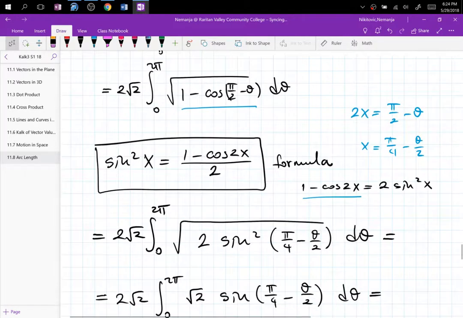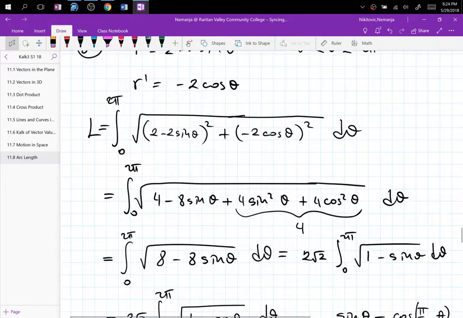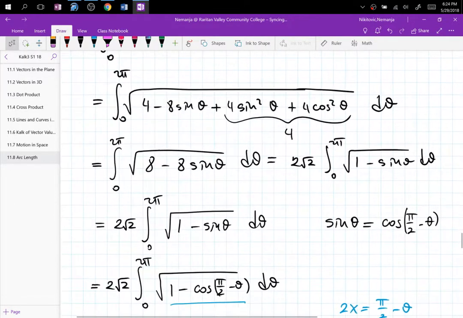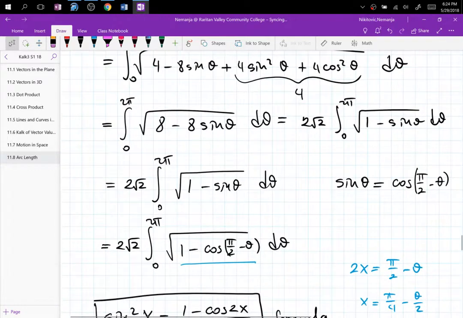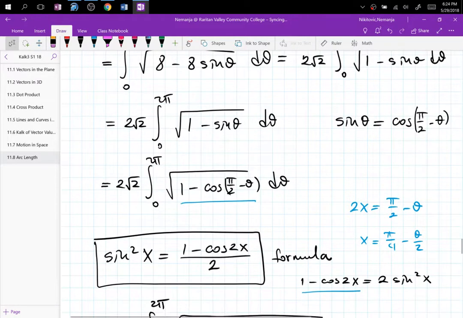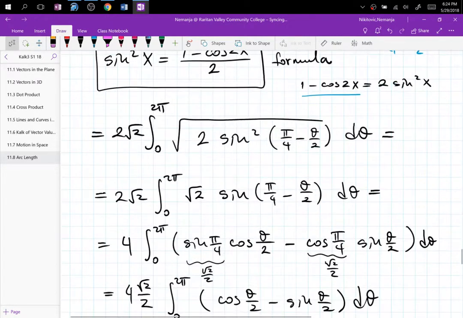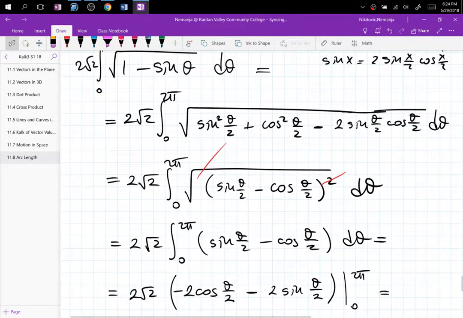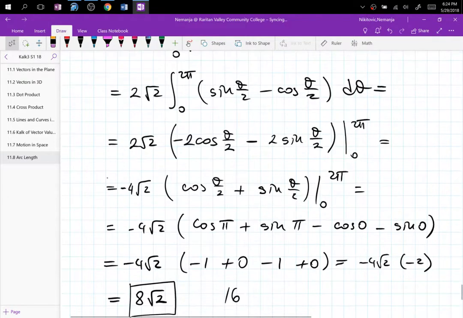So where is the root 2 coming from the first time around? Oh yeah, when you take 8 common factor and you kick it out, it becomes root 8, which is 2 root 2. So that root 2 is with us throughout the entire calculation. So this is still off. At least we have the sign right now.